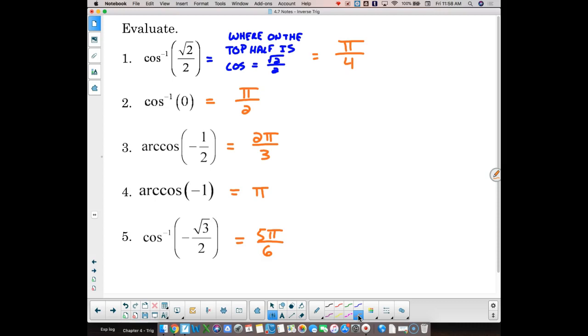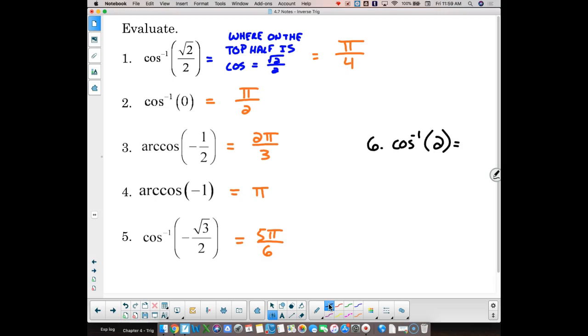Bonus question. Why is it not possible? The domain is negative 1 to positive 1.